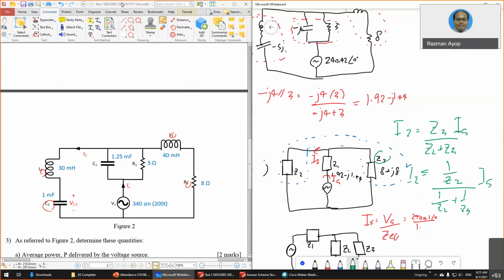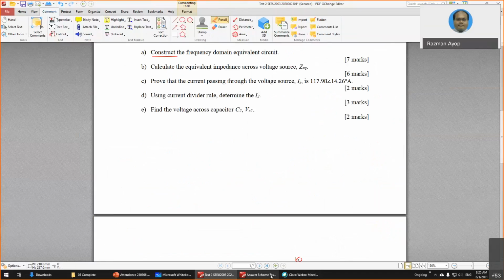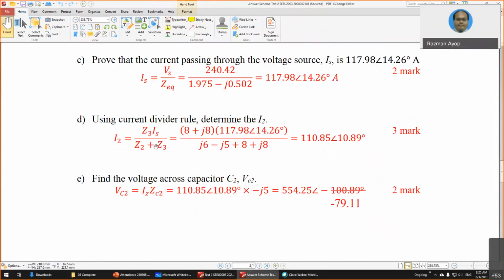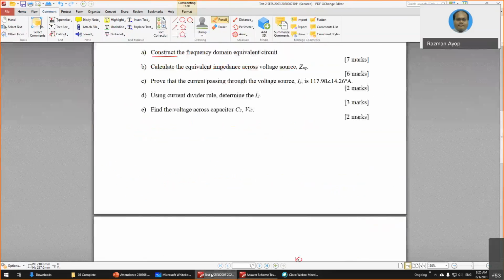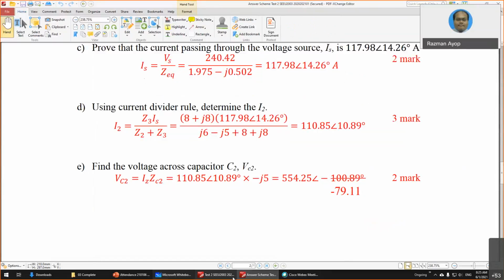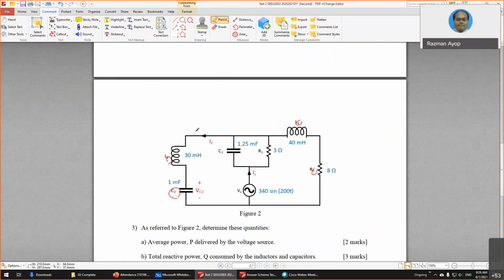If you look here, this is one of the methods. So you can insert the value and you get the answer. And for capacitor, of course, you just multiply by the impedance. After that you get the current, right?